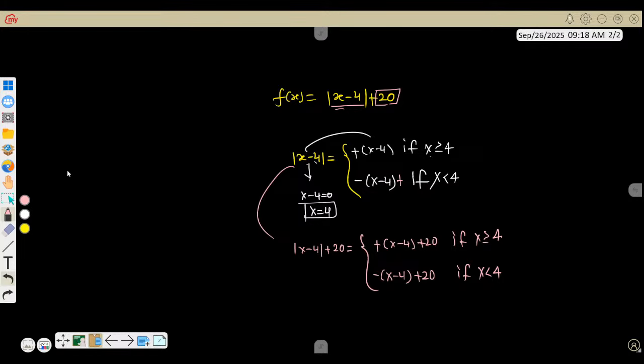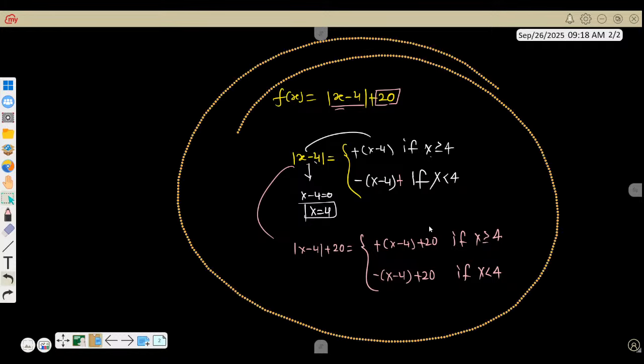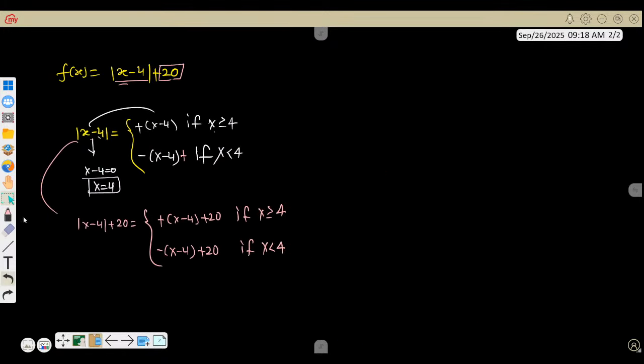And now if you understood this, do one more question of the same kind. This time you have f of x equal to 7 minus |x plus 3|. Now tell me, first of all, make the piecewise function for this.